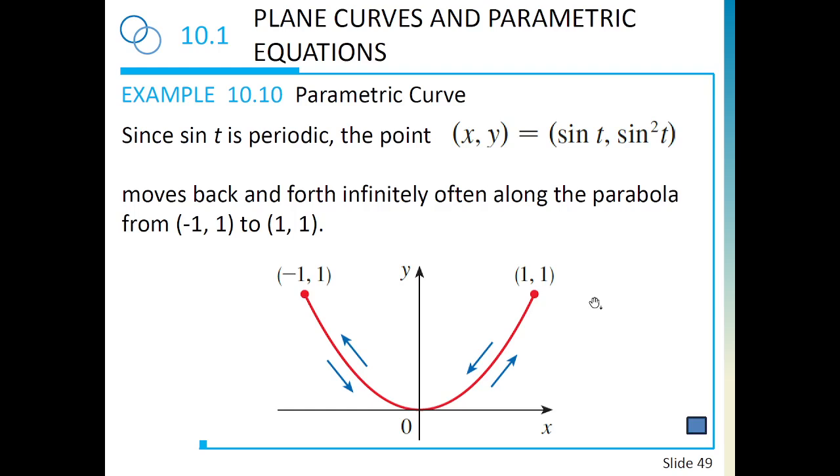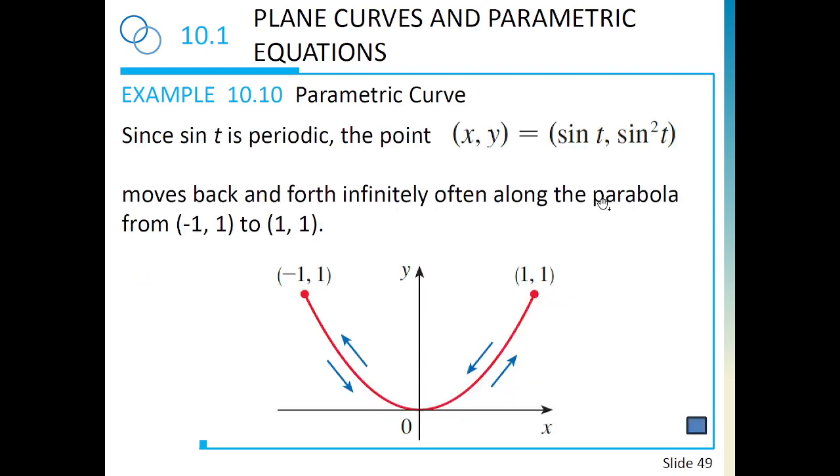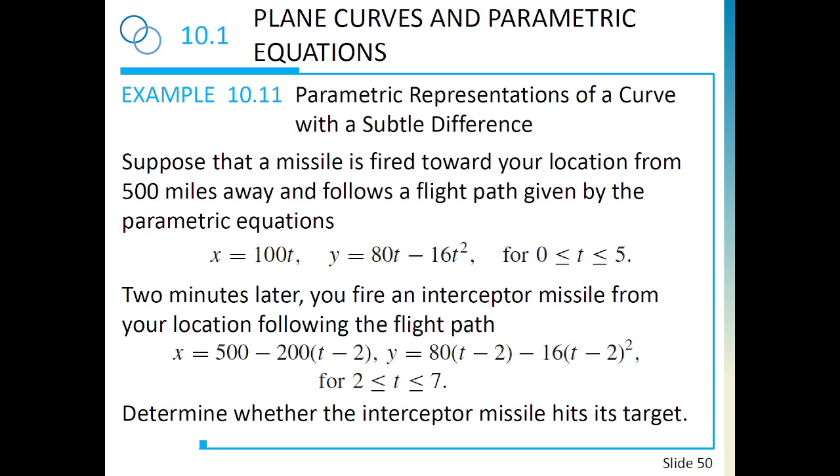So this is very important. Having y equal x square helps us produce quickly the shape of the curve, and then we go back to the expression for x and for y and we realize what actually part of the curve we are on.